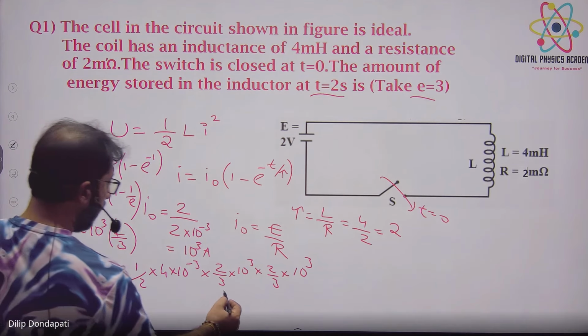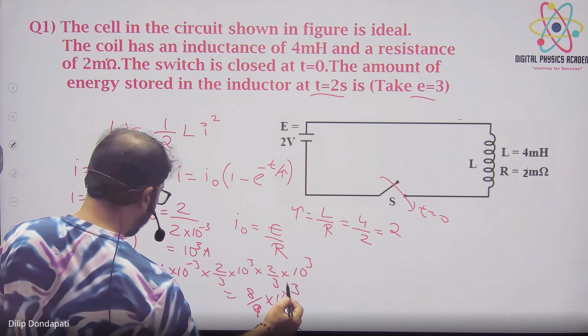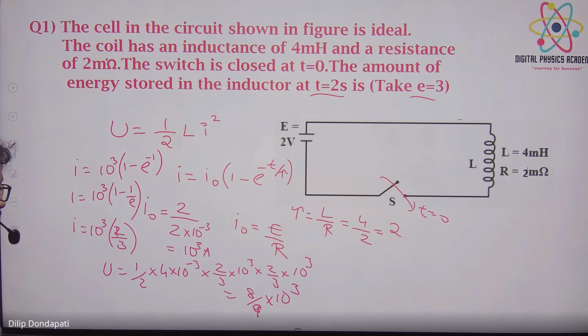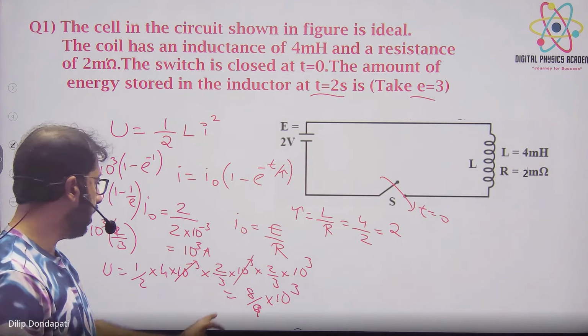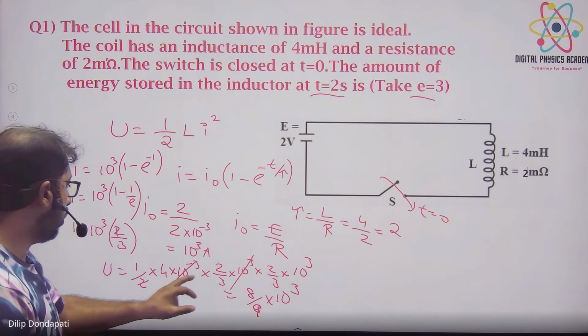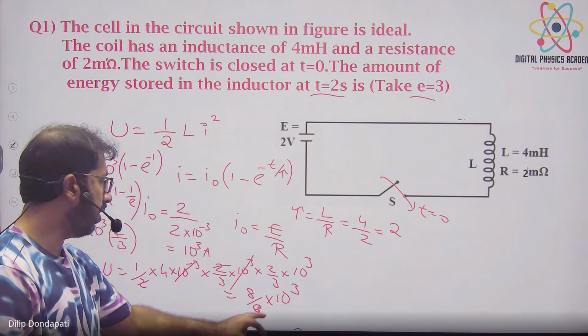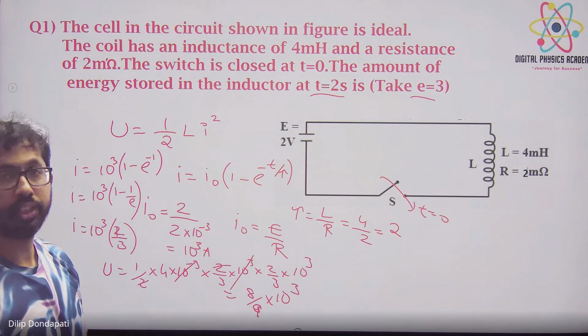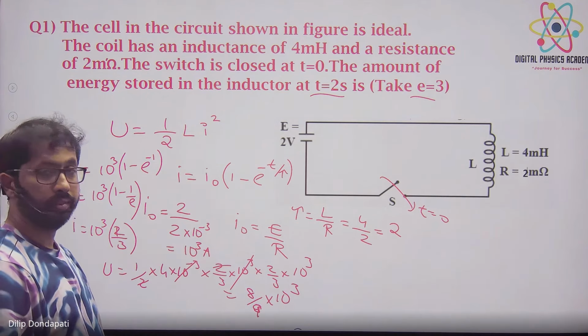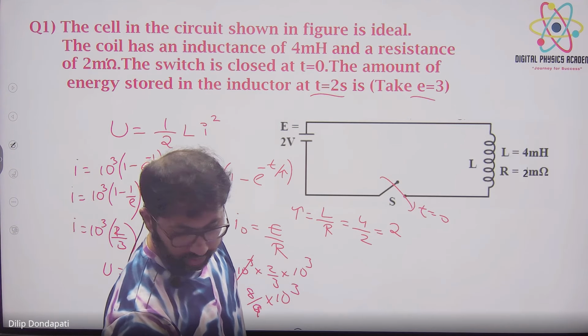That is 8 by 9 into 10 cube. 10 power minus 3 and 10 power minus 3 cancel, and 2 cancels. So 4 gives 8, 3 gives 9. 8 by 9 into 10 cube. So this much energy is stored in the inductor. Okay, so by this, your chapter is successfully done. Alternating induction complete.